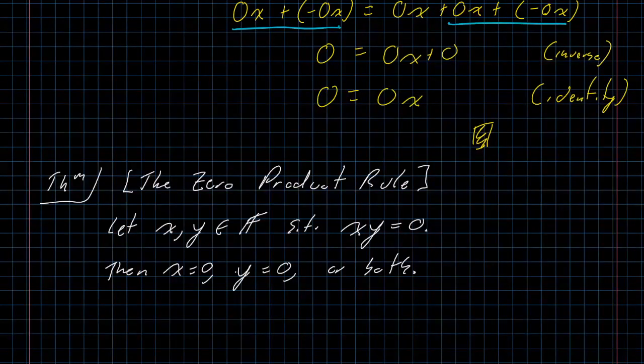Let x and y be elements of a field such that their product x times y is equal to 0. Then x equals 0, y equals 0, or possibly both.